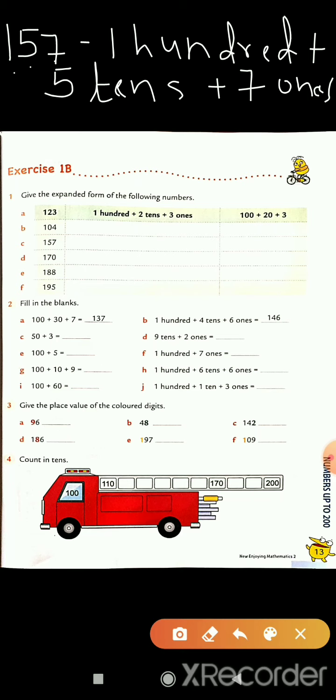So 100 means 100 plus 5 tens means 50 plus 7 ones means 7.